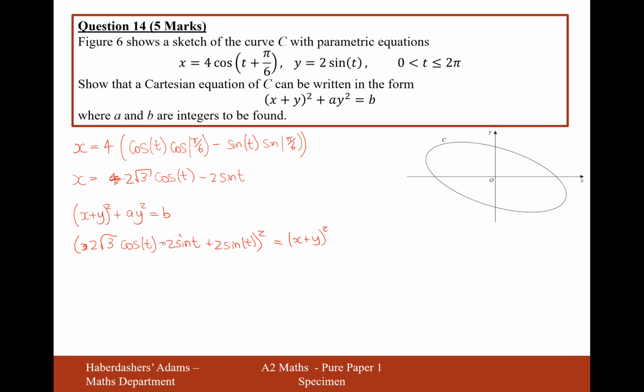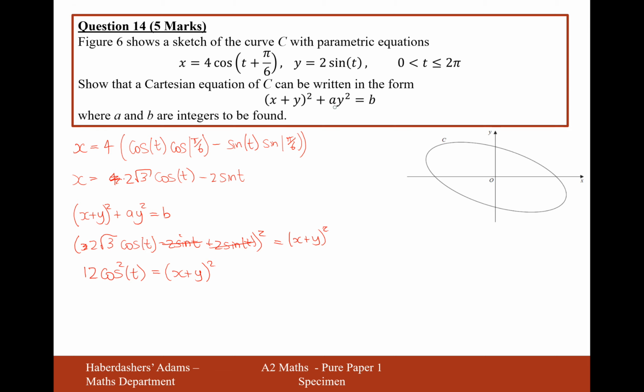So this is going to turn into, well, that and that will cancel, so it's just going to be 4 times 3 is 12, so 12 cos squared t is equal to x plus y all squared.